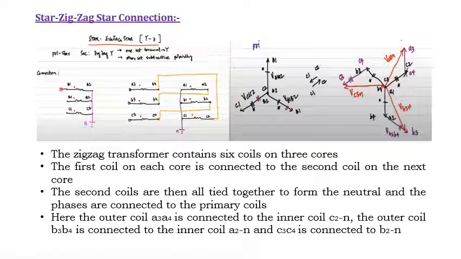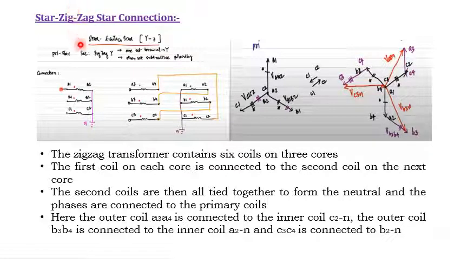Next, we'll go for one more configuration, that is the star zigzag star connection. In this configuration, the primary side is connected in the star fashion, and the secondary side is connected in the zigzag star. You are all familiar with the star connection, but what about the zigzag star configuration?